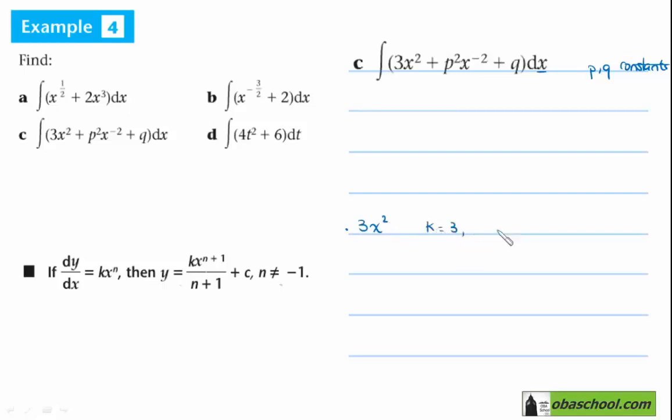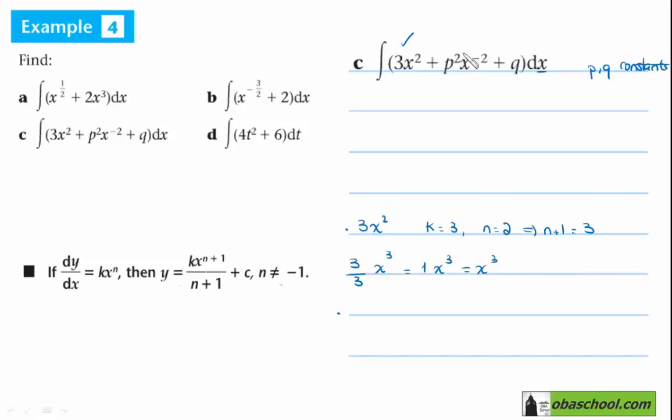The first term, 3x squared, by comparison k equal to 3 and n equal to 2, then n plus 1 is equal to 3. Let's substitute using the formula, then it's 3 divided by n plus 1, that is 3, multiplied by x to the power 3. This is equal to 1 multiplied by x to the power 3, or x to the power 3.